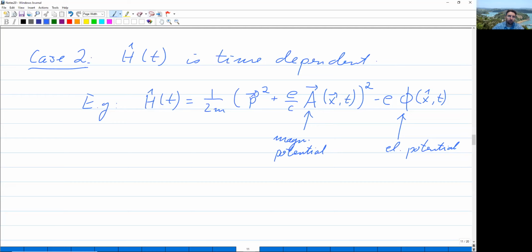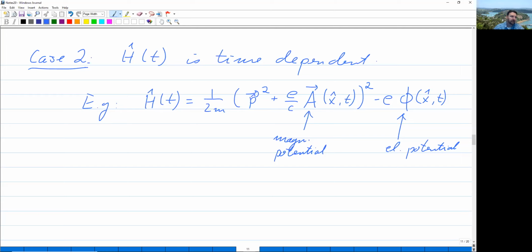And so they can depend here on these operators. And we can choose these dependencies in principle any which way we want, because we can expose our electron to a time-dependent electric and a time-dependent magnetic field.